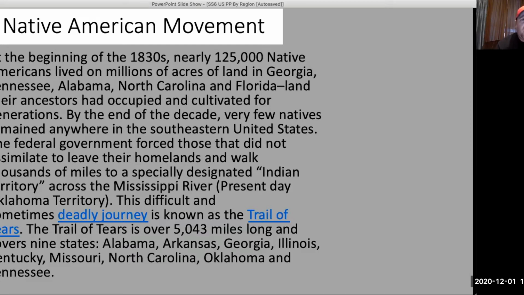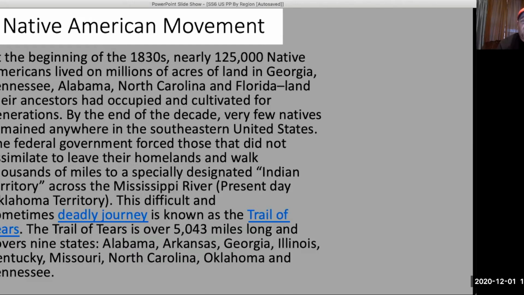Okay. At the beginning of the 1830s, nearly 125,000 Native Americans lived on millions of acres of land in Georgia, Tennessee, Alabama, North Carolina, and Florida. Okay, that's the region we call the Southeast, right? Okay, land their ancestors had occupied and cultivated for many generations.